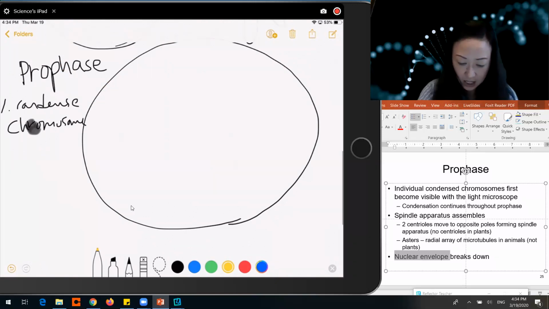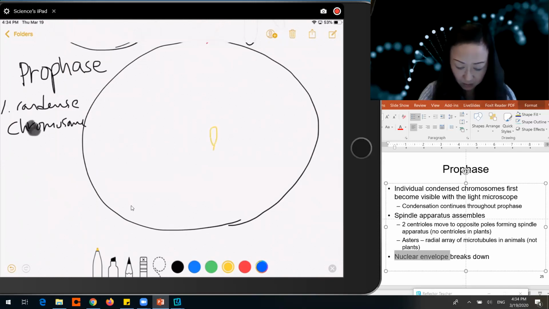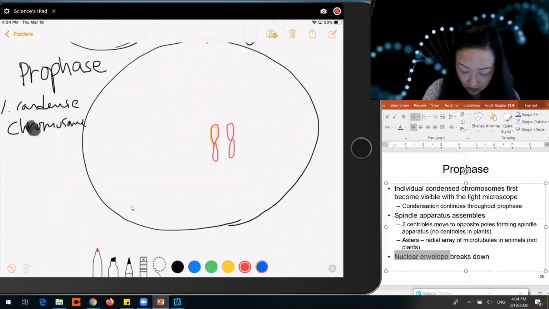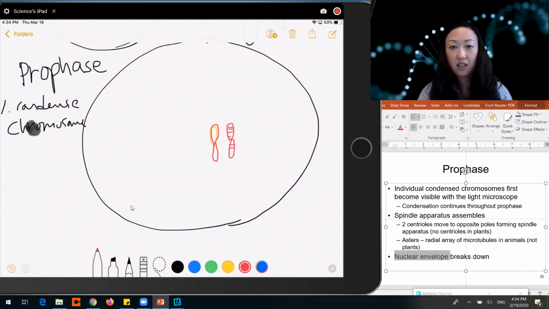Pairs, okay? So if we started with, oh, I said red, okay, that's 1 chromosome, right? And it has a pair. So let's say they are a pair.